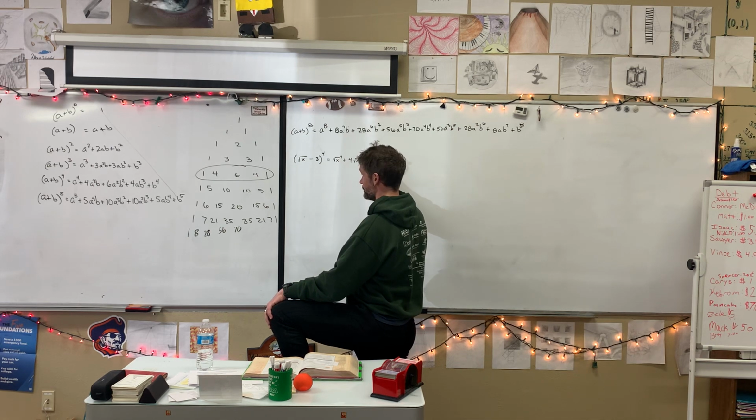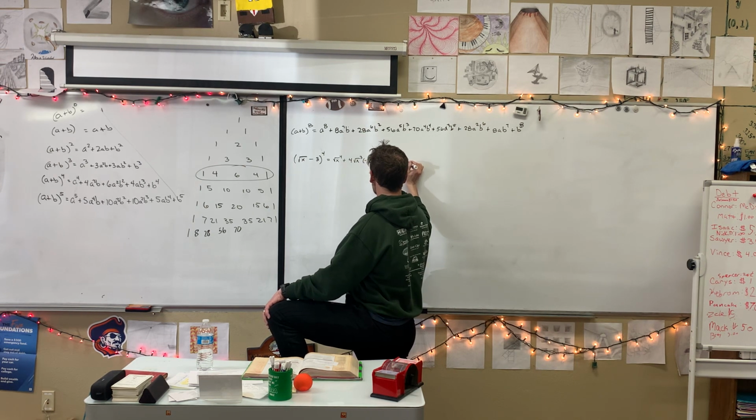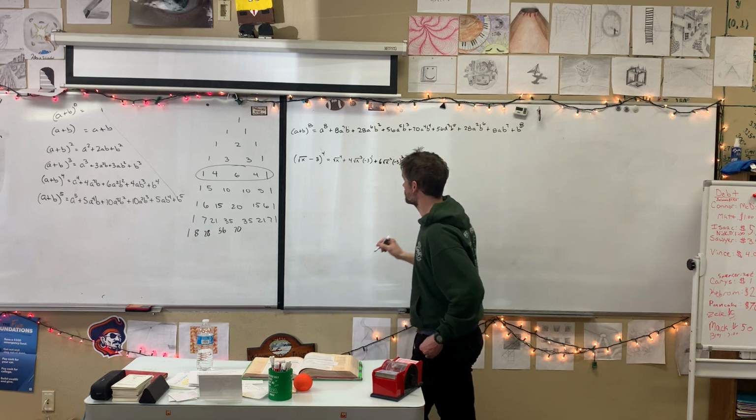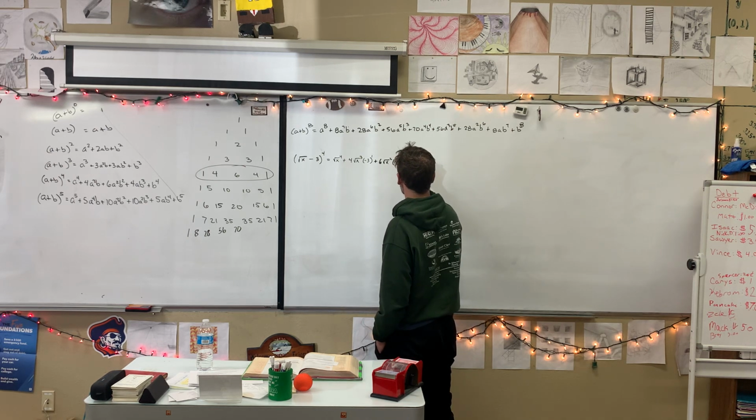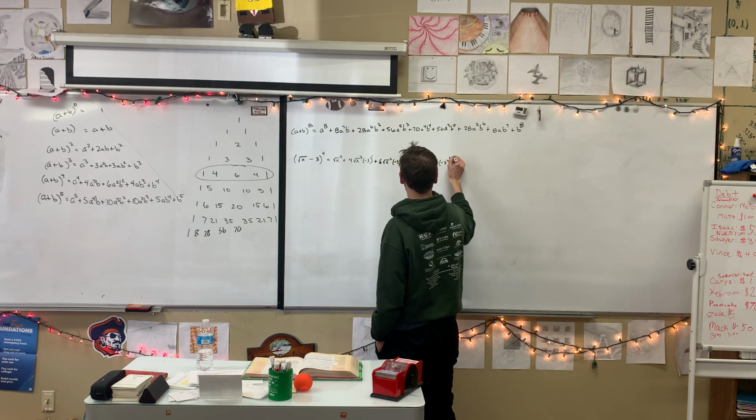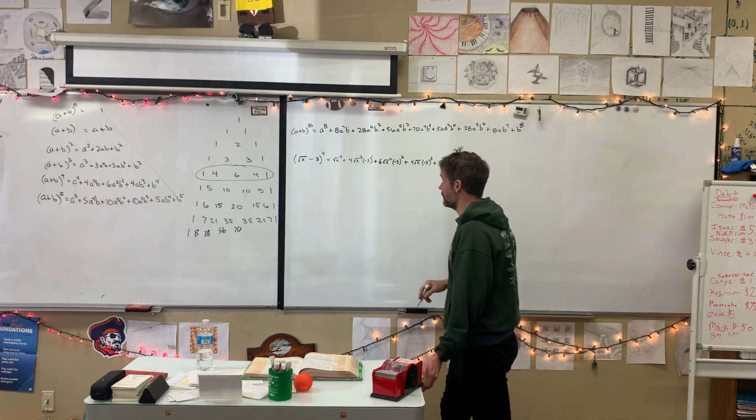Plus 6 root X squared times negative 3 squared. Plus 4 root X times negative 3 cubed. Plus negative 3 to the 4. And then you simplify that.